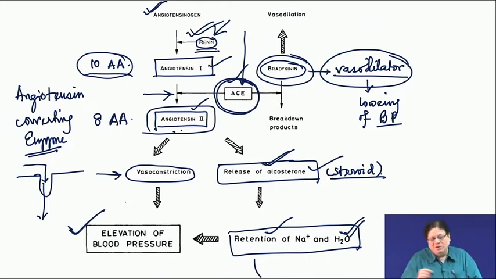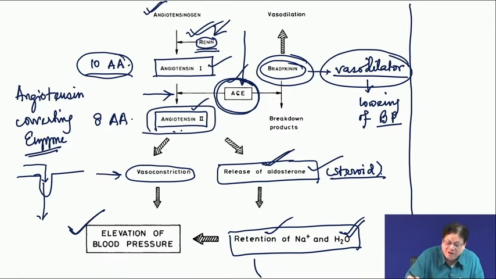So, there are two kinds of drugs based on this renin-angiotensin system.